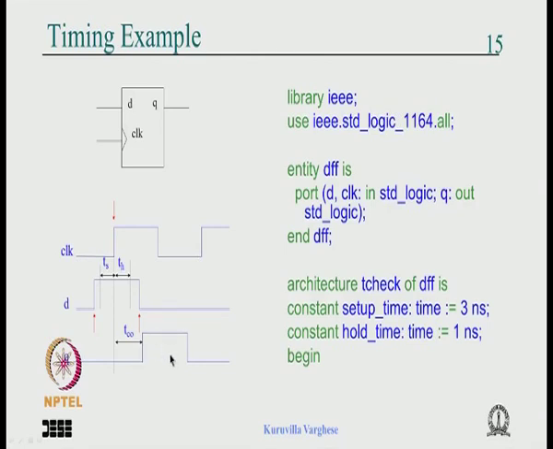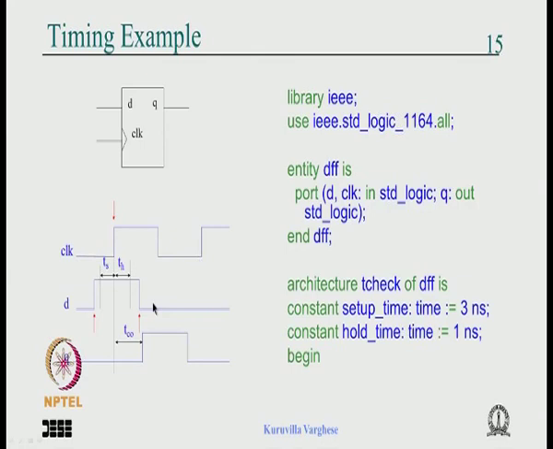Now in our code we are going to incorporate a check for this timing violation. That means we have to check when the clock comes whether the setup time was correct or not. That means the data was set up some time before, whatever the setup time before the clock, and when the data changes we want to make sure that data is changed after the hold time.